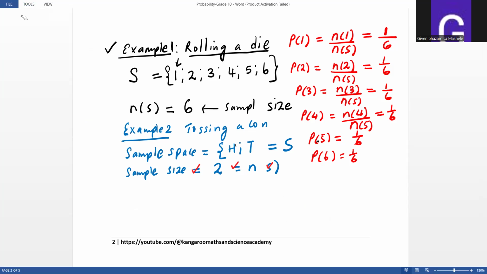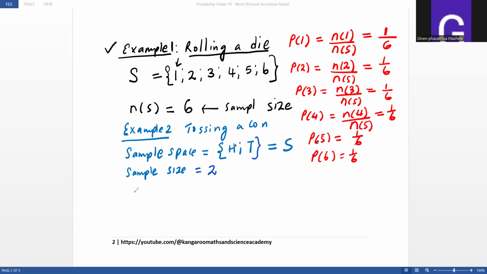If one is tossing a coin, ladies and gentlemen, remember we said earlier, what would be the sample space? The sample space will be heads and tails. What will be the sample size? The sample size will only be 2 outcomes.